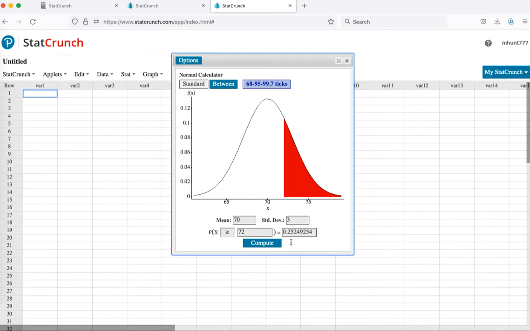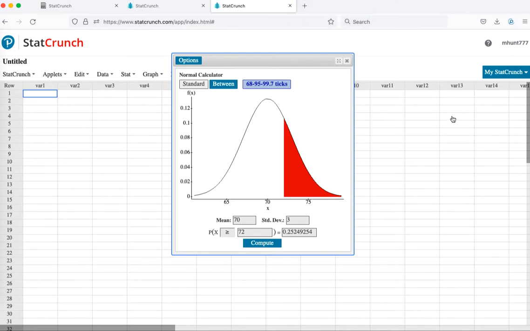In decimal form, it's 0.25249. So if we wanted to round to 1 or 2 decimal places, it would be 25.25%. 25.25% of adult males have a height that is more than 72 inches.